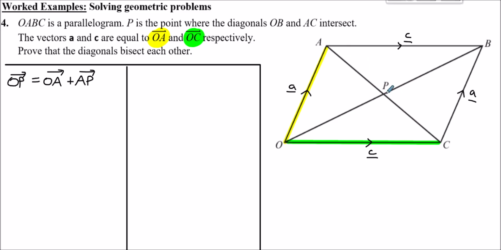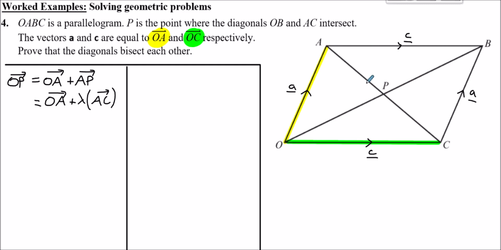It could be halfway along, could be a third. We can't go on the accuracy of this diagram. So we're going to say it's OA plus some multiple of AC. I'm going to call it lambda. Lambda is some scalar, just some number. So A to P is basically some fraction lambda of the distance as you go from A all the way to C.